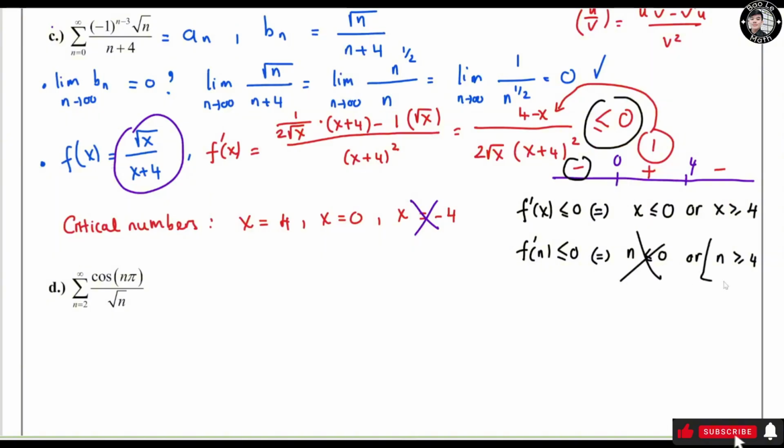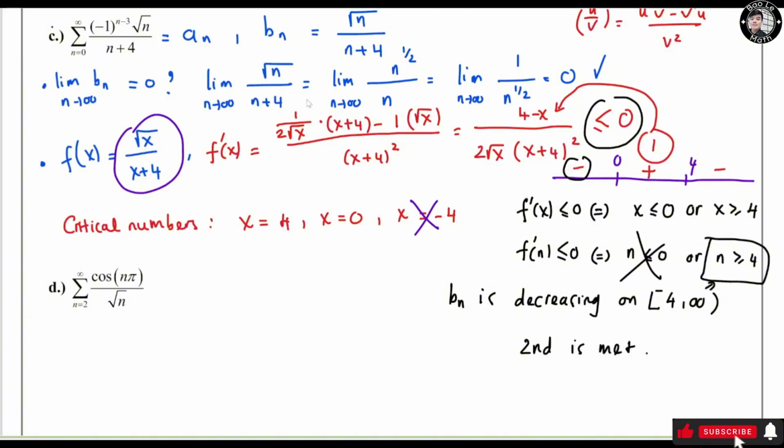We only take this one. So b sub n is decreasing on 4 to infinity. So the second condition is met, and the first one is met. So by the alternating series test, a sub n converges.